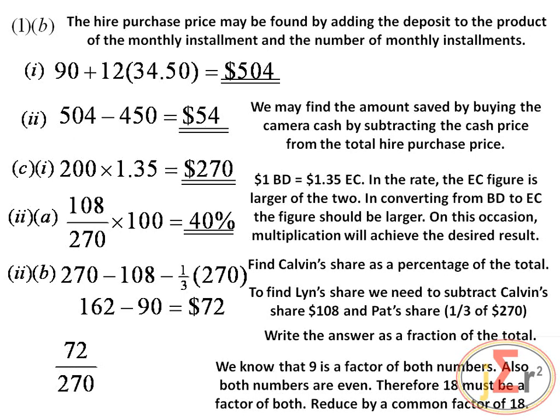So we know that 9 is a factor of both of them. Also, both numbers are even numbers. So if 9 is a factor of both of them, and both numbers are even numbers, then we are sure that 18 is a factor of both numbers. So 18 into 72, that will be 4 times, and 18 into 270, that is 15 times. So the fraction is 4 over 15, or 4/15.